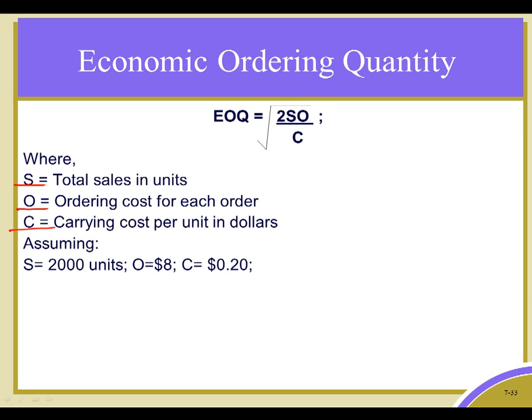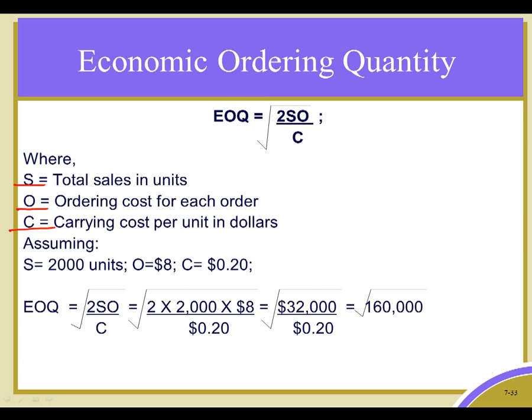If our sales are 2,000 units, the ordering cost is $8 and the carrying cost is 20 cents per unit, we just plug those in, do a little math, and we come to an economic ordering quantity of 400 units.